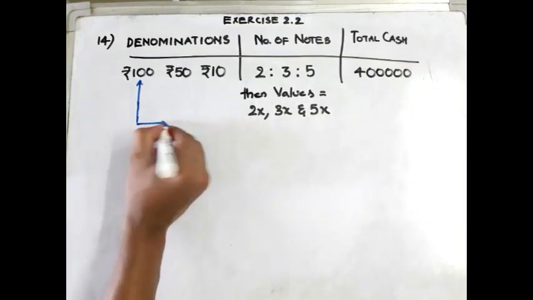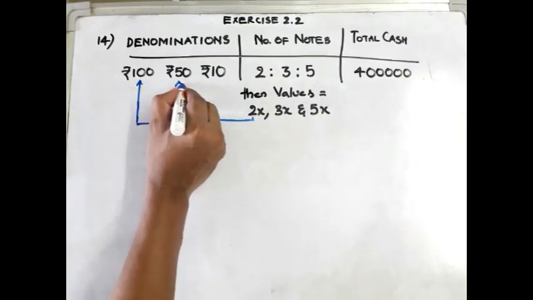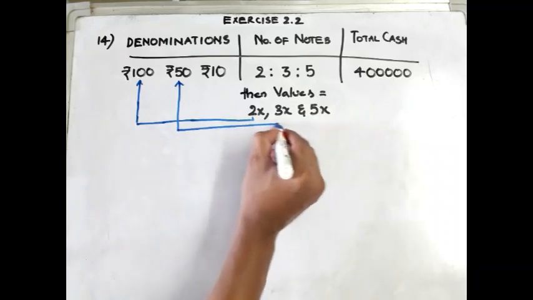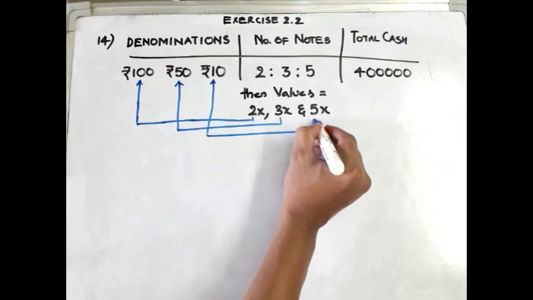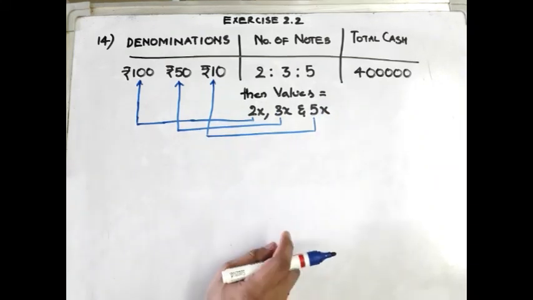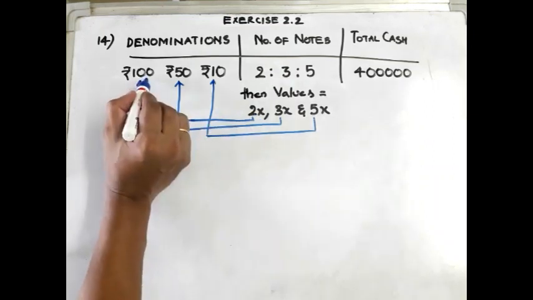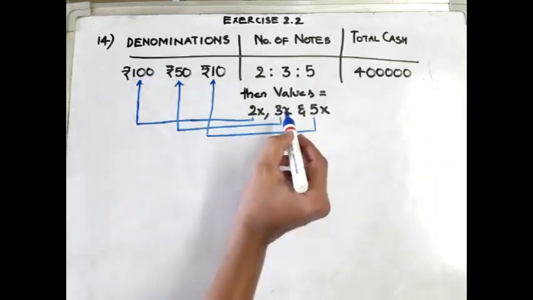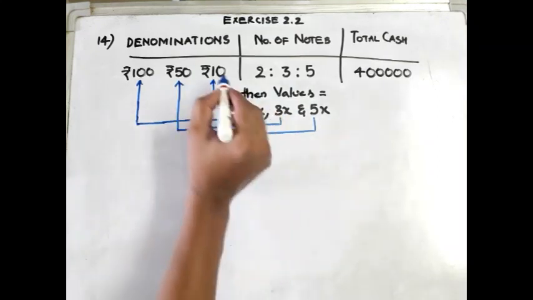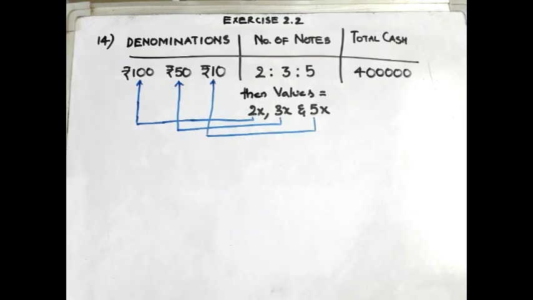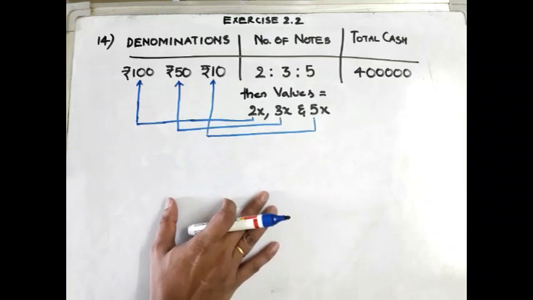So this 2x is pointing to rupees 100, 3x is pointing to rupees 50, and 5x is pointing to rupees 10. Hope you are clear with this, because 2x 100 denomination notes are there, 3x 50 denomination notes are there, 5x 10 rupee denomination notes are there. This blue color lines, if you copy, not a problem, otherwise also it's okay.